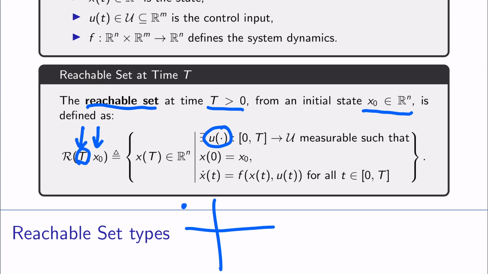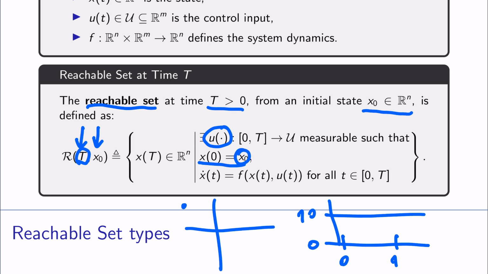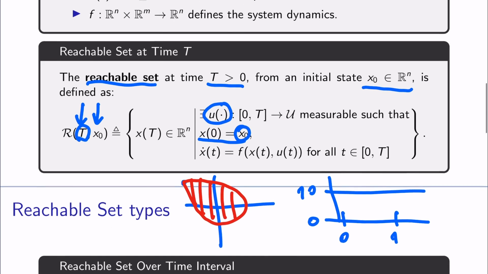As a result, maybe this is a scalar system, and we can only apply, let's say, t from 0 to 1 second, and from 0 to, I don't know, 10 volts. As input it takes some voltage, for example. If that is the case, for this specific initial condition, maybe this is what we will have. This will be the reachable set, for example.